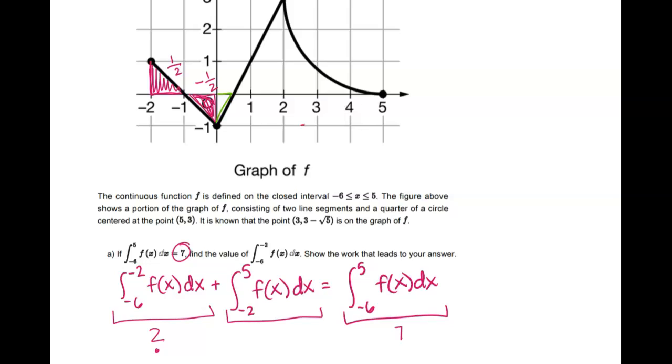Now we have this triangle here. The area of this is 1/2 times a base of 1/2 times a height of 1, depending on your perspective, which is 1/4.